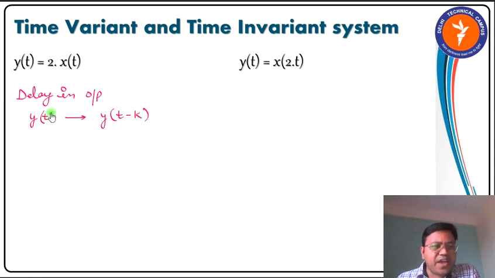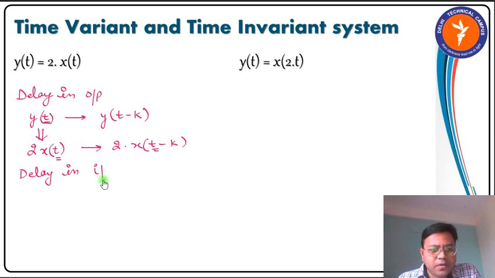It means that wherever we have t, we will delay it by the factor k. Now y(t) is actually 2x(t). So on delaying the output, we have 2x(t - k). That is, where we had the time factor t, we bring the delay in t by subtracting the factor k. Similarly, let us check for the delay in input.